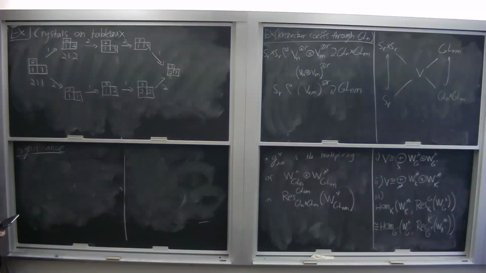Okay, so what's the significance here? How is this going to help us understand these representations?